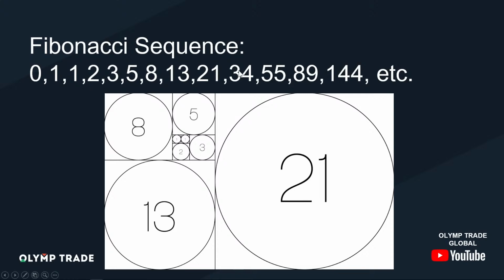So this is a really cool sequence. In this picture, you can see how the Fibonacci sequence looks in dimension. This is a mathematical sequence that is seen throughout the whole world and in trading as well.